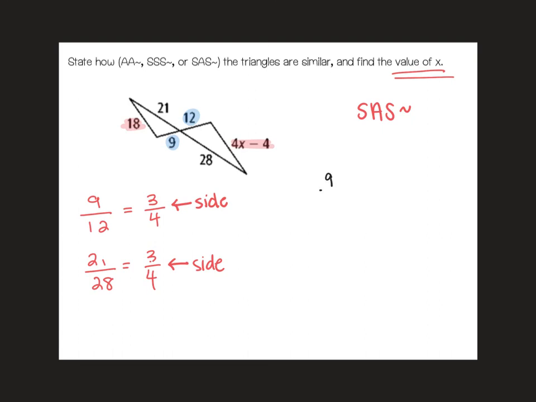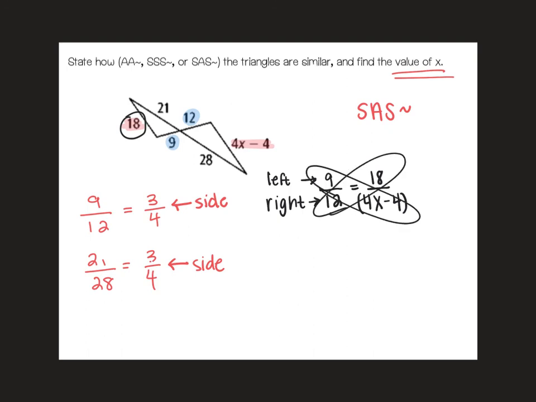So 9 over 12. If I put the left triangle on top and the right triangle on bottom, I just need to continue that pattern. So next would come 18 because it's the left triangle. And then 4x minus 4 because it's the right triangle. Remember, if you have a binomial, you want to put it in parentheses before you do your cross multiplying.